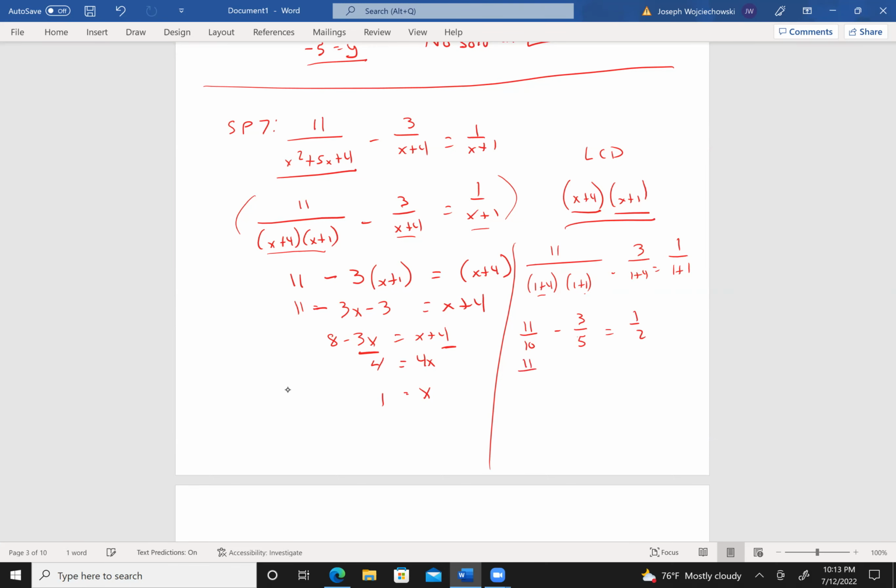So this is 11 over 10 minus, and this would be 6 over 10, and this would be 5 over 10. And here 11 minus 6 is 5/10 equals 5/10. So our answer works. That's it. Solution set, set containing 1.